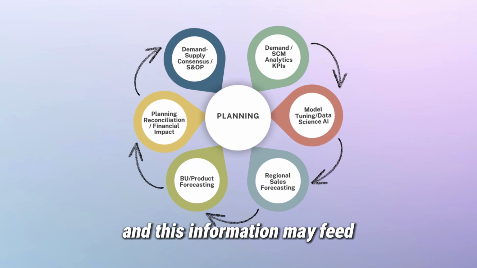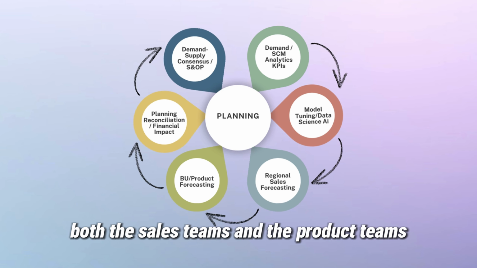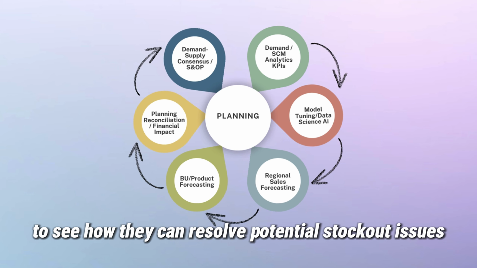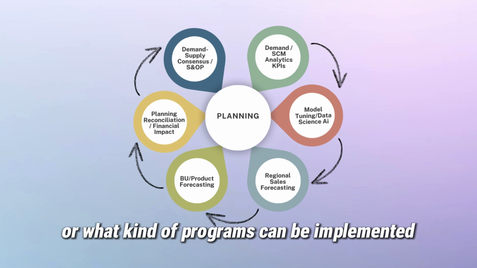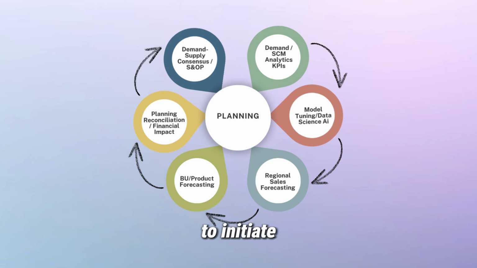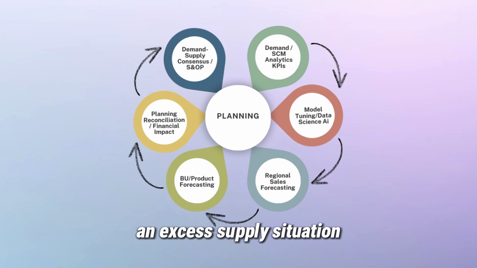And this information may feed both the sales teams and the product teams to see how they can resolve potential stockout issues, potential supply issues, and what kind of programs can be implemented to address an excess supply situation.